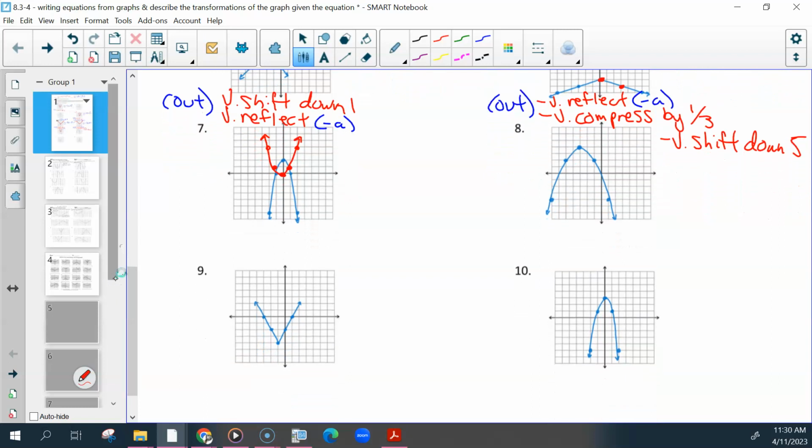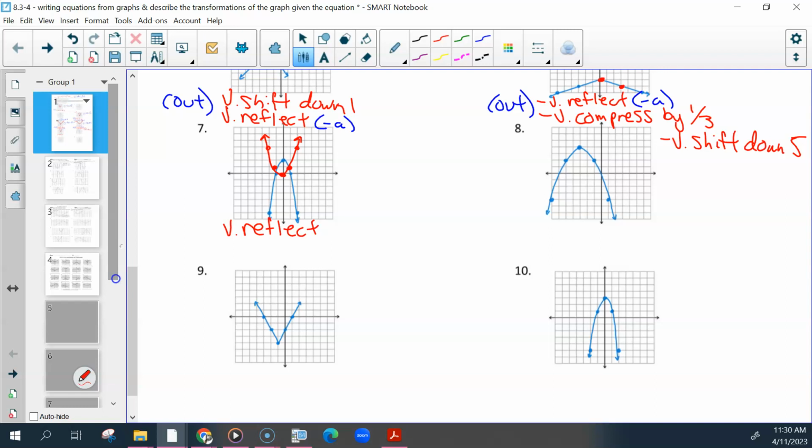What changed? As the original, is the one that's graphed going in the same direction? So that's what flipped it. Yeah.